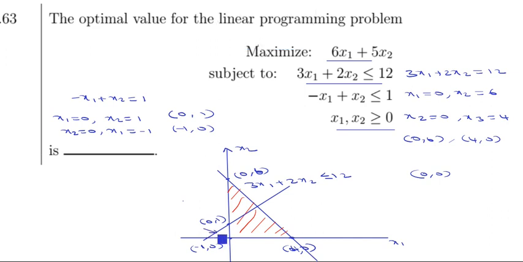This line represents minus x1 plus x2 less than or equal to 1. Now we will find the region. For this also we will take (0, 0) as a reference point. When we substitute (0, 0), we get 0 less than or equal to 1.